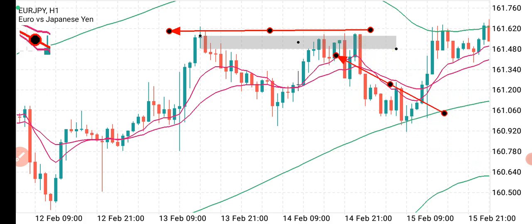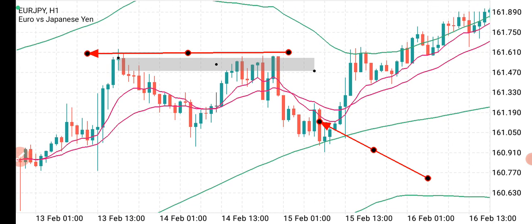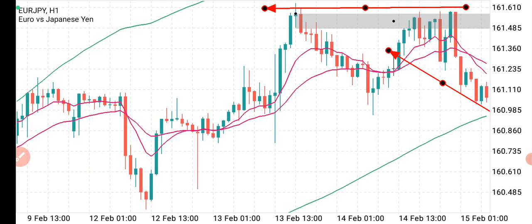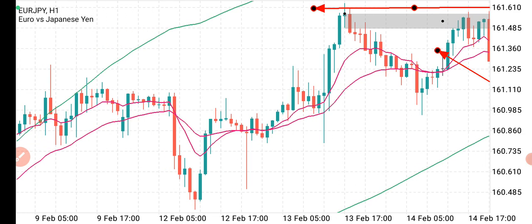And you can see that it did not play out. It only went up to mitigate the order block and then went down. And you can see this particular one, you see how it plays out. So these things must be carefully observed.